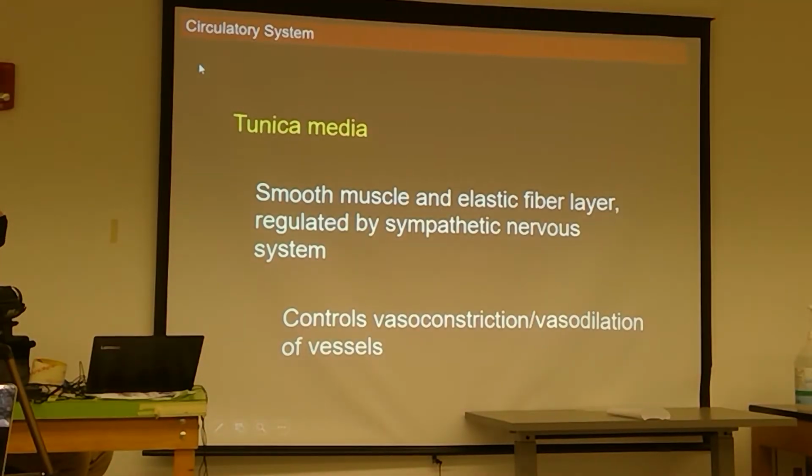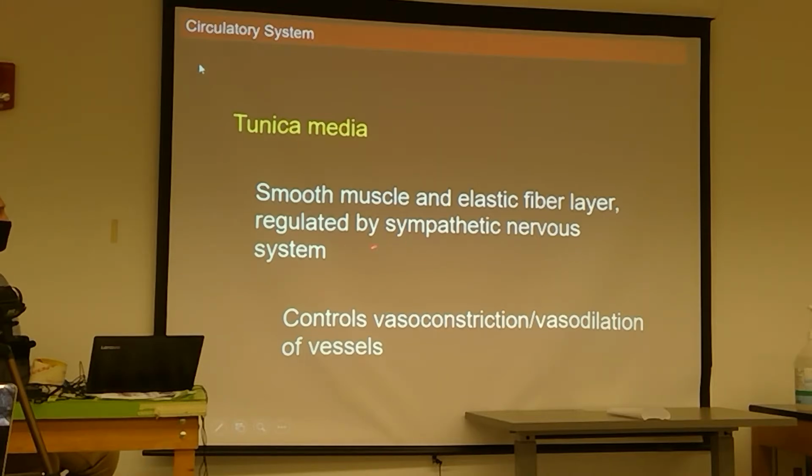Okay, so with the tunica media, this has smooth muscle and elastic fibers throughout the layer. This is the layer, like I said, that has all that muscle, so it's the part that's innervated by the sympathetic nervous system. And it's going to be a lot through your extremities, like your skeletal muscle and stuff like that, the arteries that are carrying all that blood to go out to your tissue.